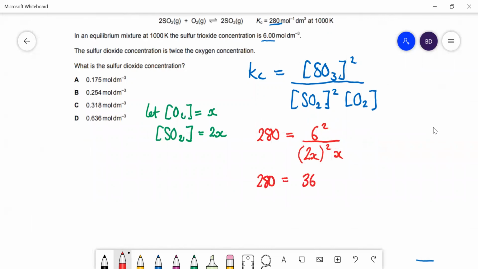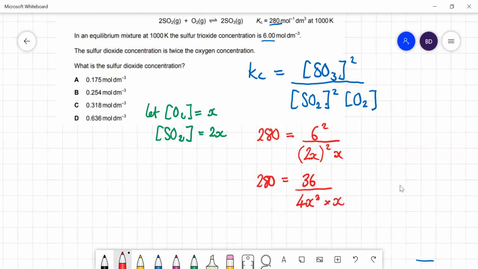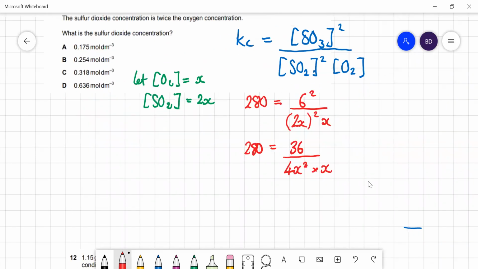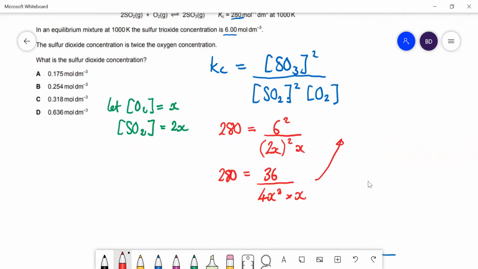Now 2x squared, don't forget, that's going to be 4x squared, 4 because you square the 2, 4x squared times x. So you get 280 is equal to 36 over 4x cubed.